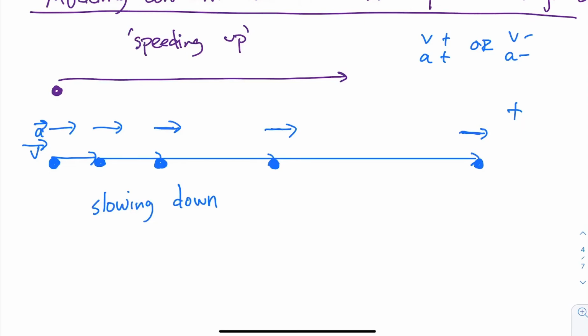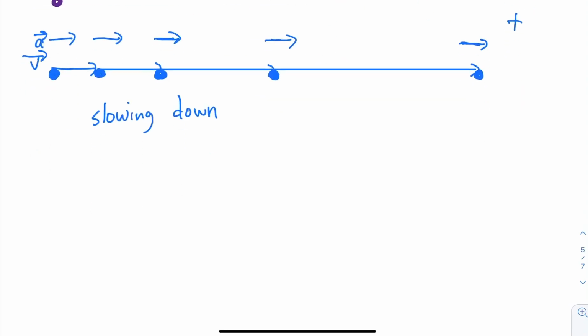Well, that means the arrows are moving in the same direction. If we're slowing down, then it's the opposite. We're going to start out with arrows being a little bit bigger, just to emphasize slowing down, and the magnitude of the velocity is going to decrease as the time interval goes on.